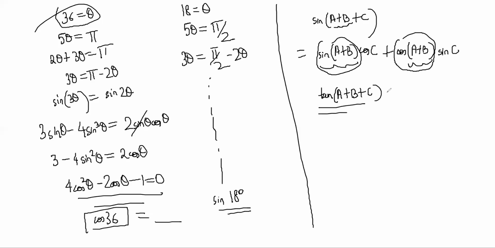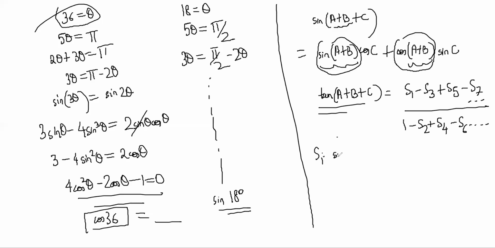For tan, the answer is this: S1 minus S3 plus S5 minus S7 and so on by 1 minus S2 plus S4 minus S6 and so on. So, what is all this S1 and all? S1 is the sum of all tans taken one at a time.